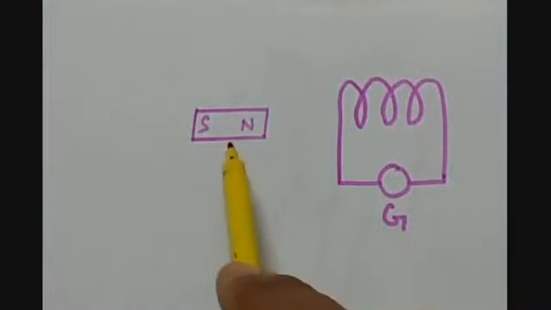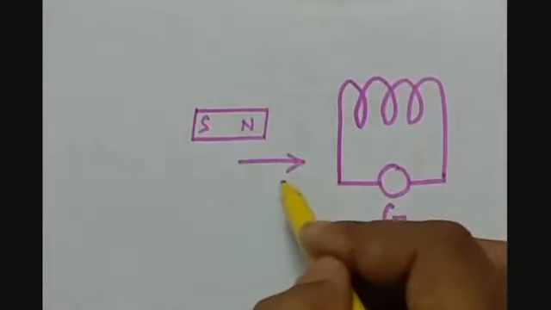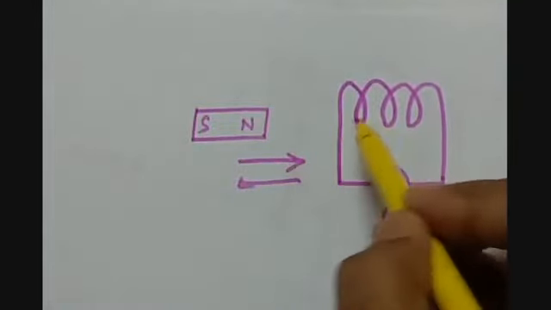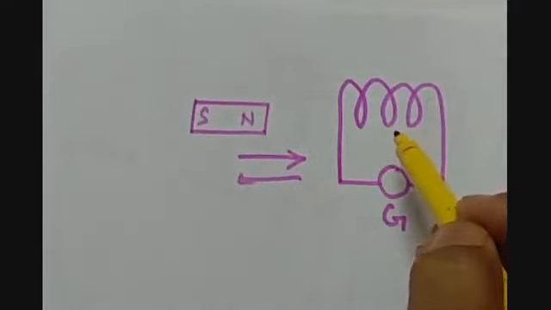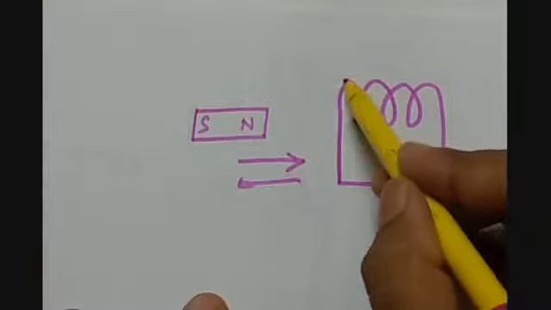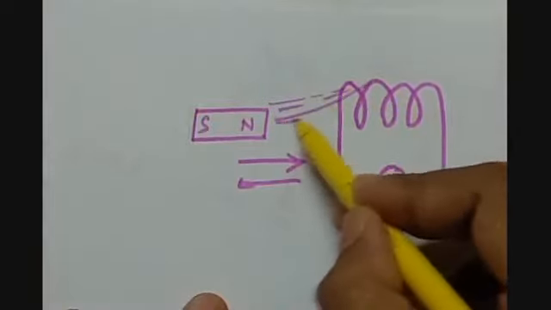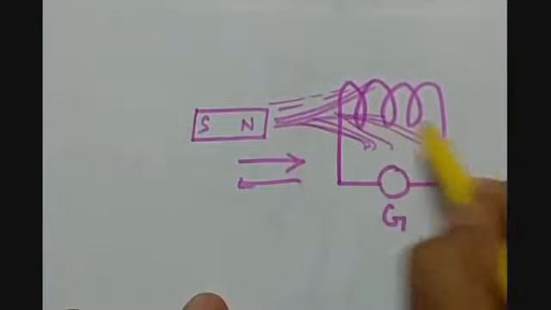So how can we induce the current through a bar magnet? We can move the bar magnet towards or away from the coil. It will cause a change in magnetic flux, that is the number of magnetic field lines passing per unit area, that means the magnetic field lines passing through the two ends of the coil.